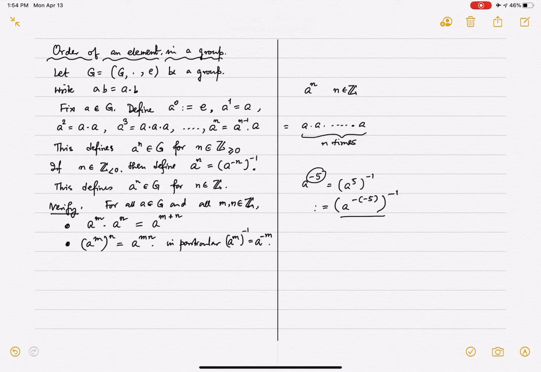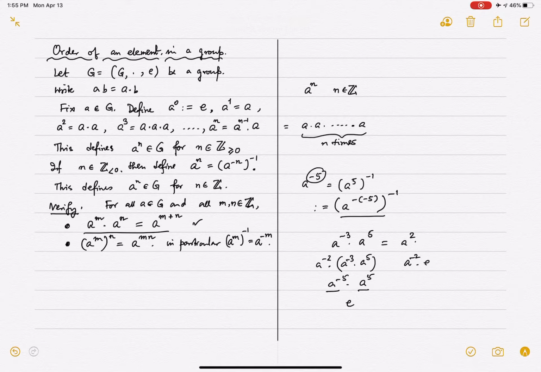It requires some work. If m and n are positive, then the first one is visible, but you're also trying to check things like a to the minus 5 times a to the 5 equals a to the 2 times a to the minus 2. One way to check that would be to multiply both sides by a to the minus 2, for example. Then on the left, by associativity, you get a to the minus 5 times a to the 5, which is a to the 5 and its inverse multiplied together, so that gives identity.